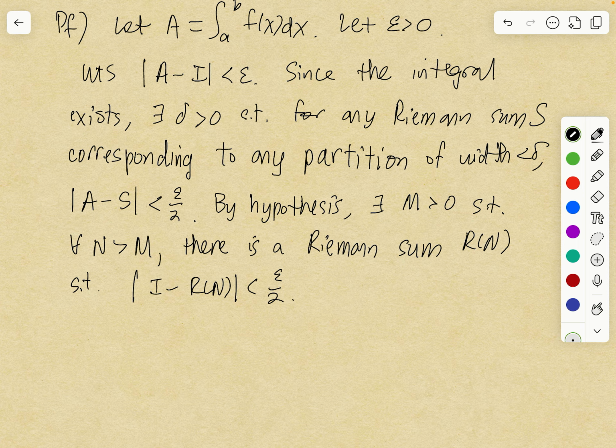So you want both inequalities to be true, right? And we know that the second inequality holds for all n greater than m. So we just let n be greater than the maximum of m and 1 over delta.